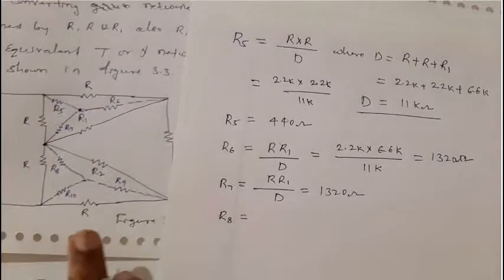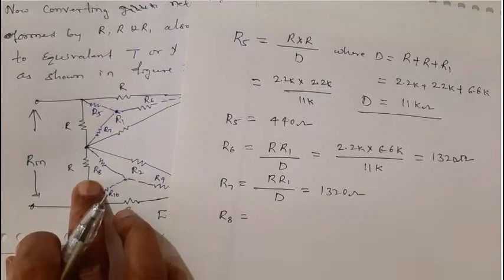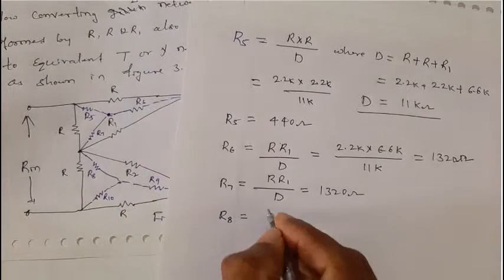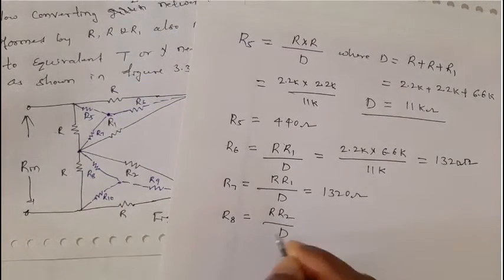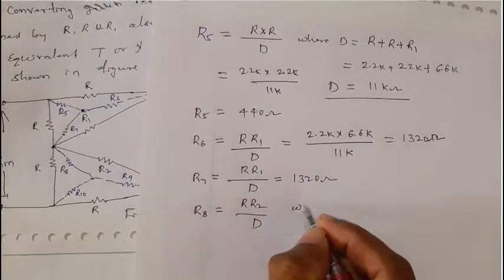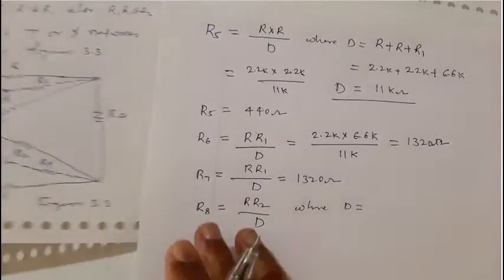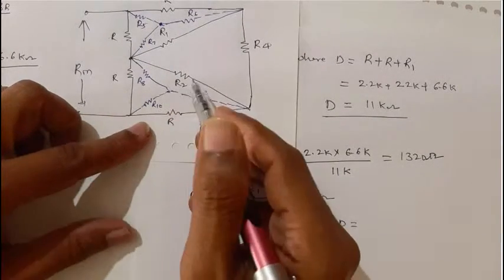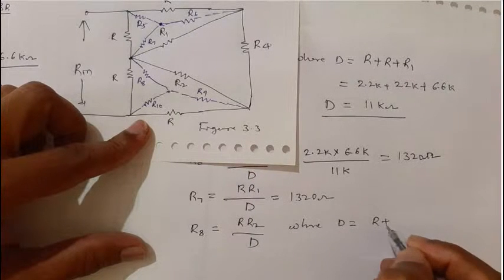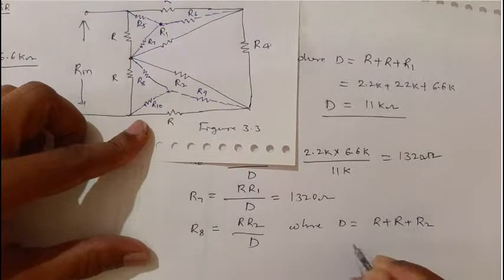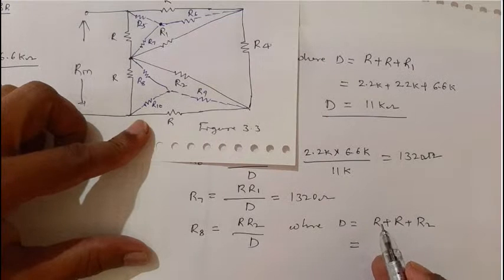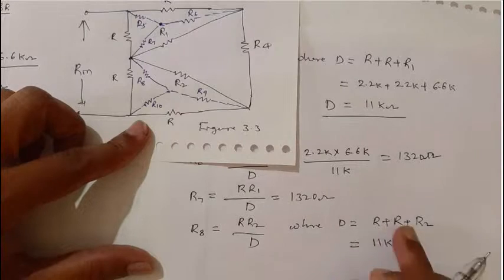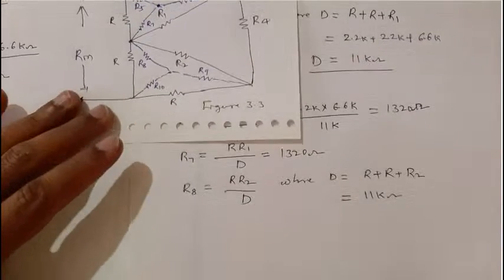Now R8 is this resistor, and the two resistances adjacent to it are R and R2, so R into R2 divided by D. Here also, dear students, D is R plus R plus R2, and if you calculate this, we will get 11 kilo ohm only, because R2 is 6.6 and these two are 2.2, in terms of kilo ohm.